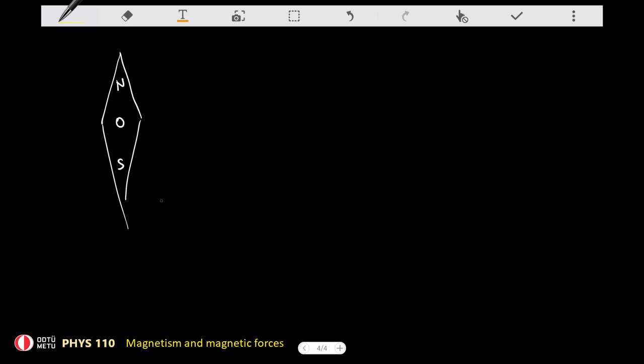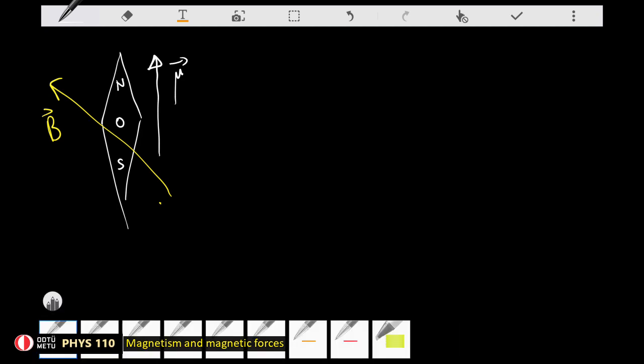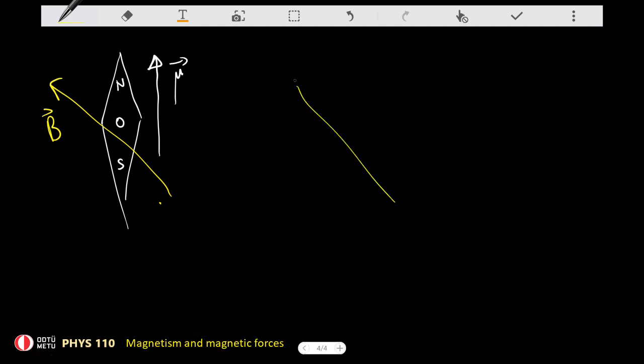I don't know, it's along this direction, let's say. But this compass needle is actually a complicated physical object, but I can express this as a magnetic dipole moment quantity. So in that case too, the magnetic dipole moment tries to orient with the magnetic field, and that's basically what we see.